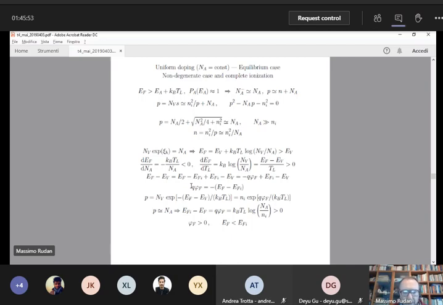Of course, for a p-type semiconductor, the Fermi potential is positive, and the concentration of holes takes the expression p = ni exponential of q phi_F over kT. You see, phi_F is positive, so the exponential is larger than 1, p is larger than ni, as we expected in a p-type semiconductor. For the n-type semiconductor, n would be larger than ni. Okay.